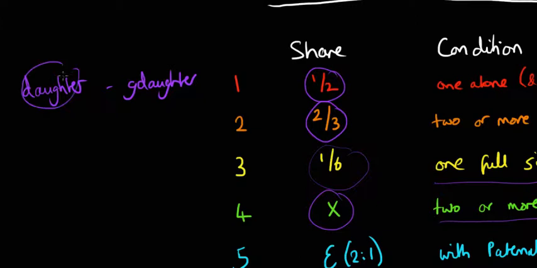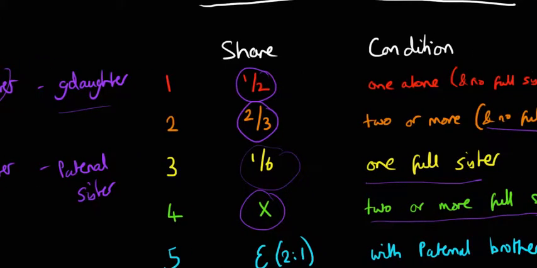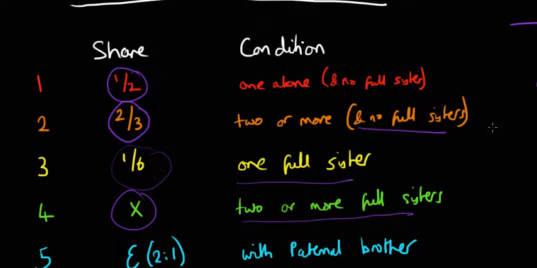So obviously the daughter is a closer relationship than the granddaughter, and so she essentially limits what the granddaughter can get when she's around. And similarly, the full sister and the paternal sister: the full sister will limit what the paternal sister gets when the full sister is around. Okay, that's the first four states.